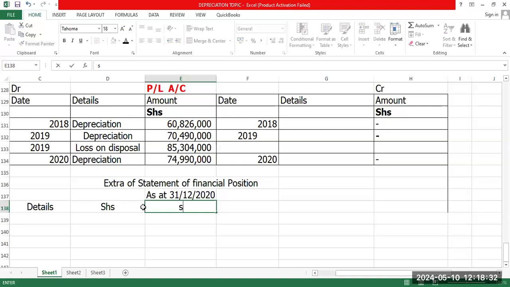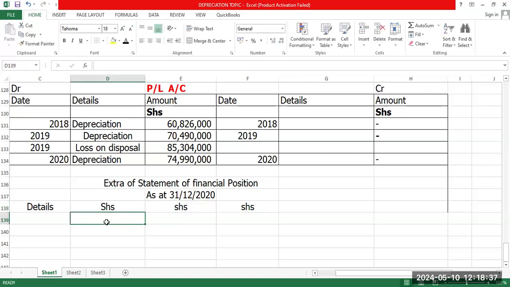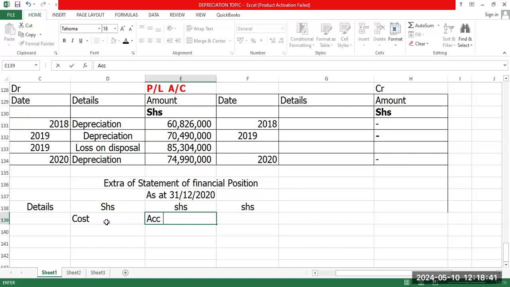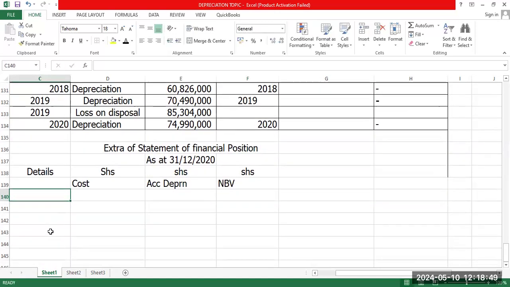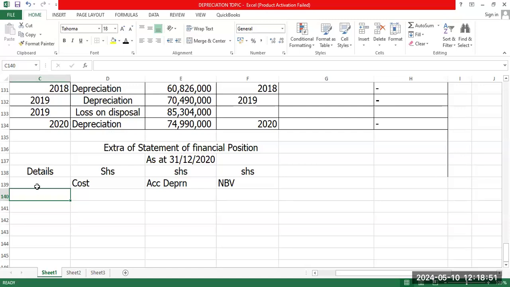You create like 3 columns. Here you put cost. Here you put accumulated depreciation. Then here you put net book value. Then you list the assets you have, the non-current assets, as at this date.